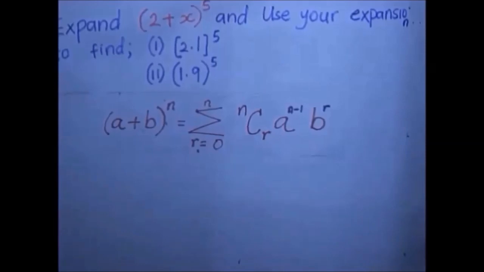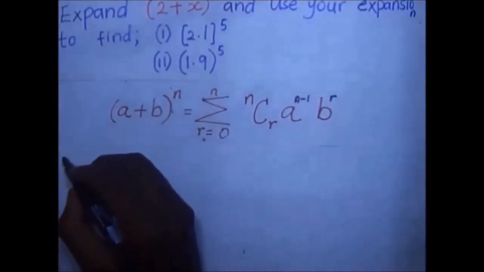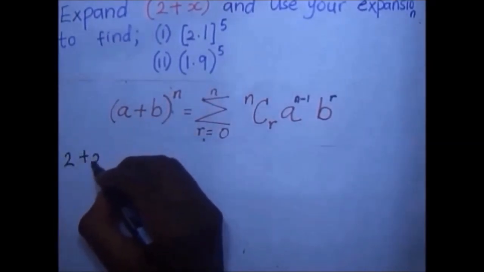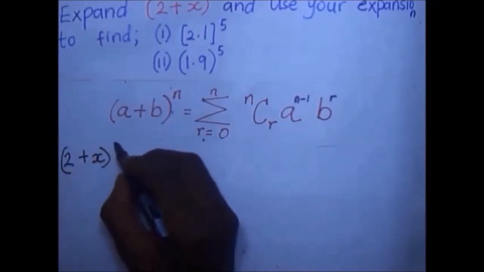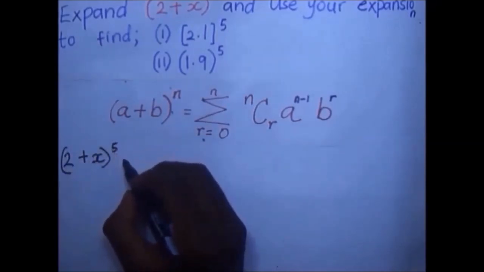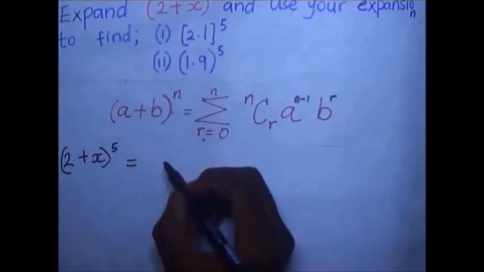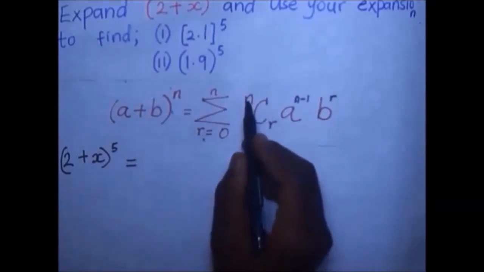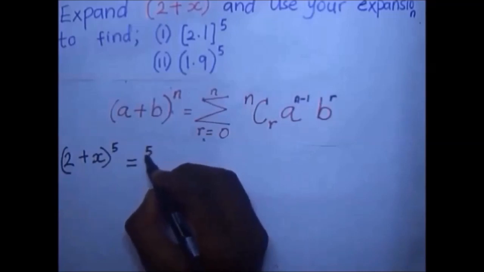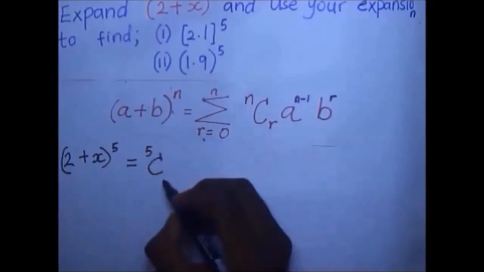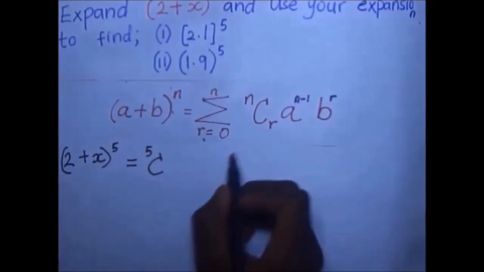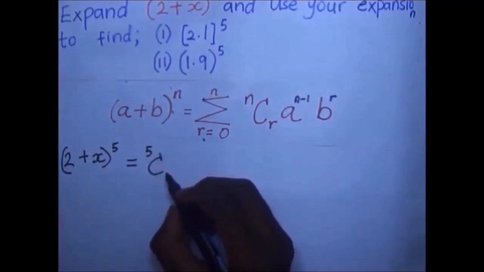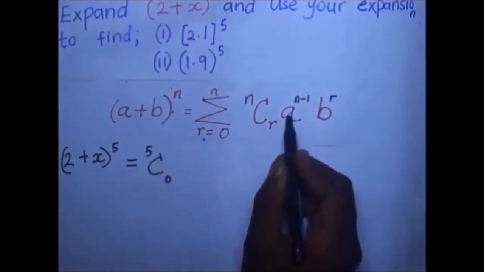So we begin. This is going to be 2 plus x to the power 5, that is going to be equal to, using this, our value of n is 5, so it's going to be 5 combination r. What is r? Of course here we start with 0, times a. What is our value of a?